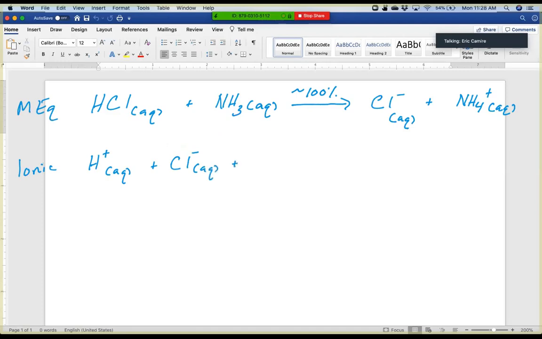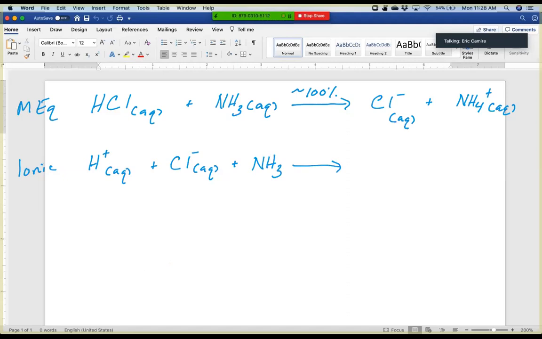Ammonia is not an acid, it's a weak base. They're not dissociating. The reason why, and we discussed this at the end of chapter 16, is that we have that spot on nitrogen that's going to act as a Lewis base that's going to accept the proton, so it's not dissociating. So nothing happens with ammonia.